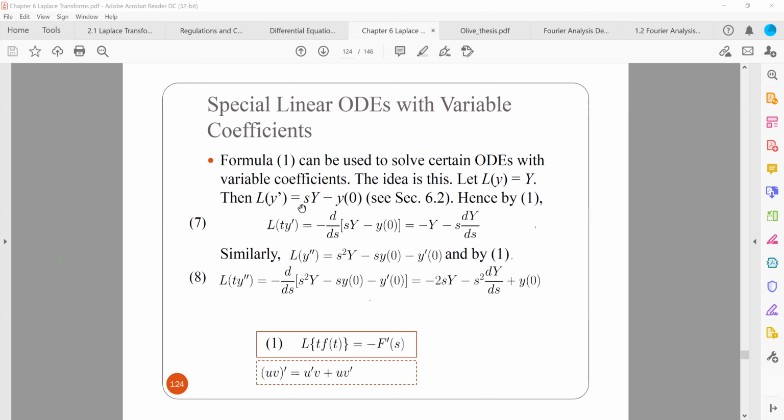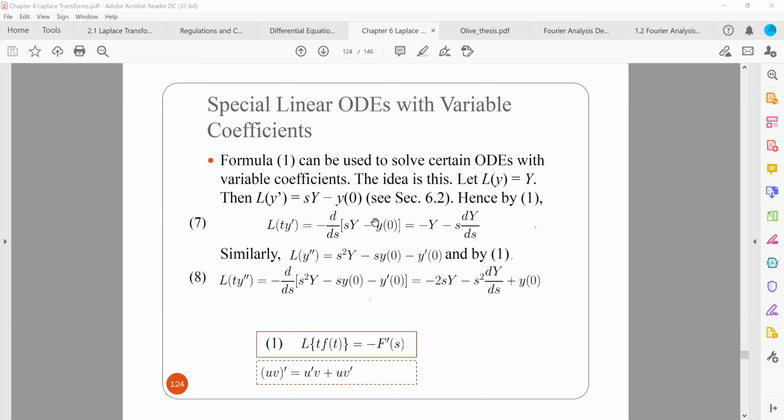So remember that the Laplace transform of y' is sY minus y(0). This we looked at last week. But we know that once you multiply anything by t, it's the same thing as taking the negative derivative of its transform. That's what's happening here: we are differentiating sY minus y(0), where y(0) is the initial value of the function y(t).